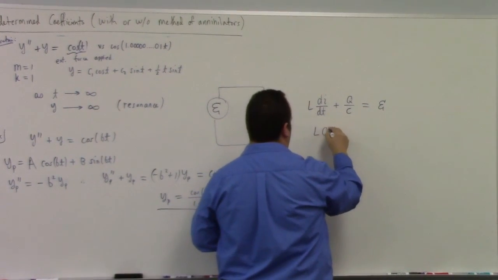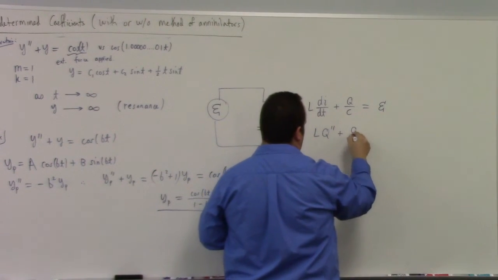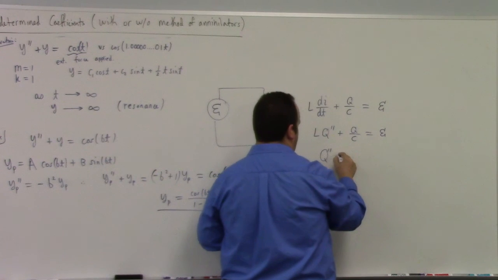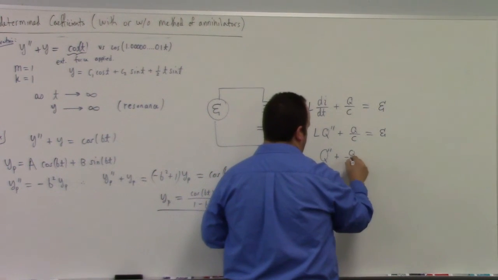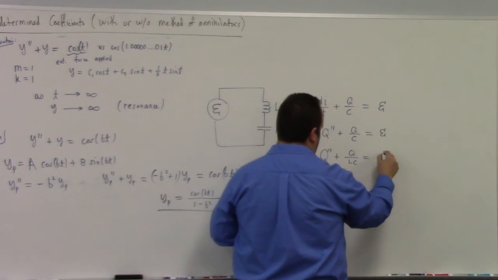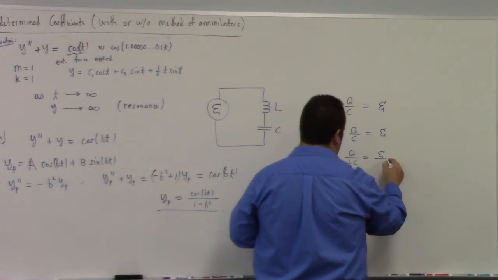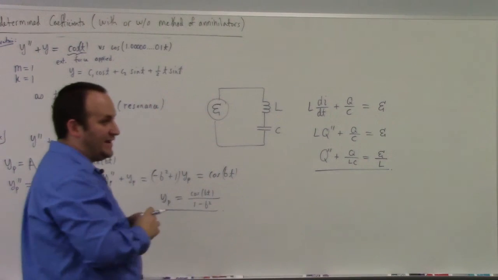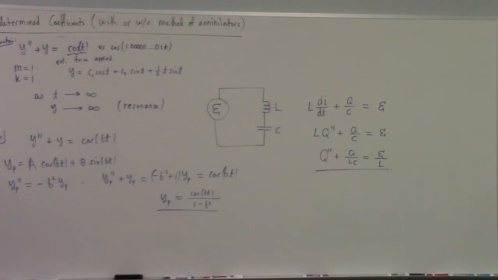So that's L q'' + q/c = E. So you get q'' + q/(LC) = E/L. That's the corresponding LC tank problem. You also have this, if you have pure resonance, you eventually burn things.